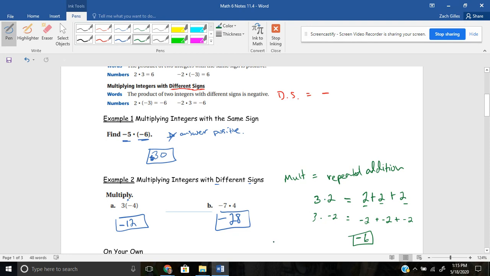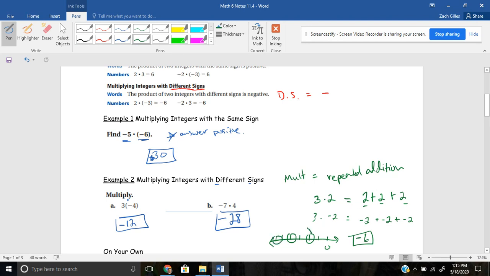If you wanted to think about it on a number line, if you started at 0, and then you had -1, -2, -3, -4, -5, -6. -2 would be right here, plus another -2 would be -4, plus another -2 would be -6.